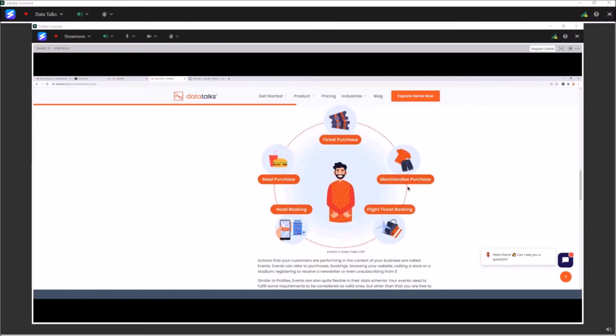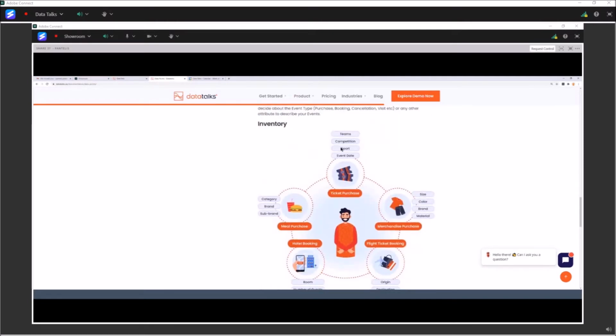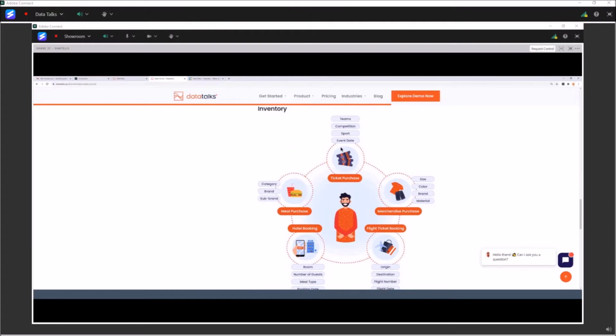Again, what we need here is an ID of the event to uniquely identify an action, and also we would like to know the event type, because of course it's very normal and expected that you have more than one type of event that you want to process into the Datatox CDP.